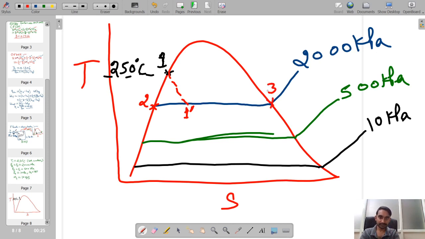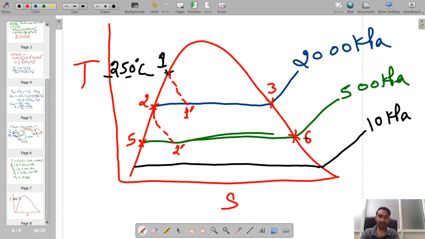Then point 2 passes through the second flash chamber, going down to a pressure of 500 kilopascals. This is point number 2 dash, and from here we again separate liquid and vapor: liquid at point number 5 and vapor at point number 6.